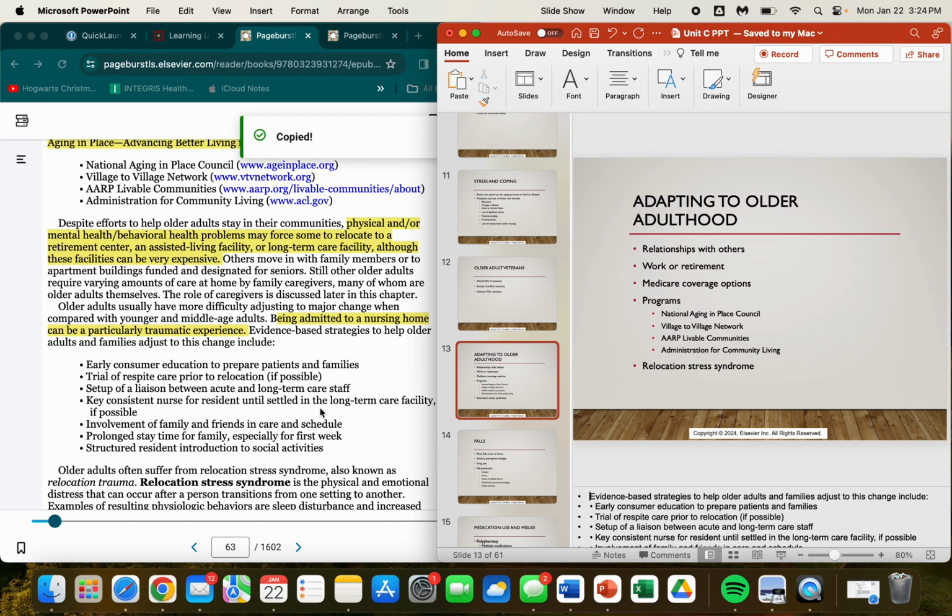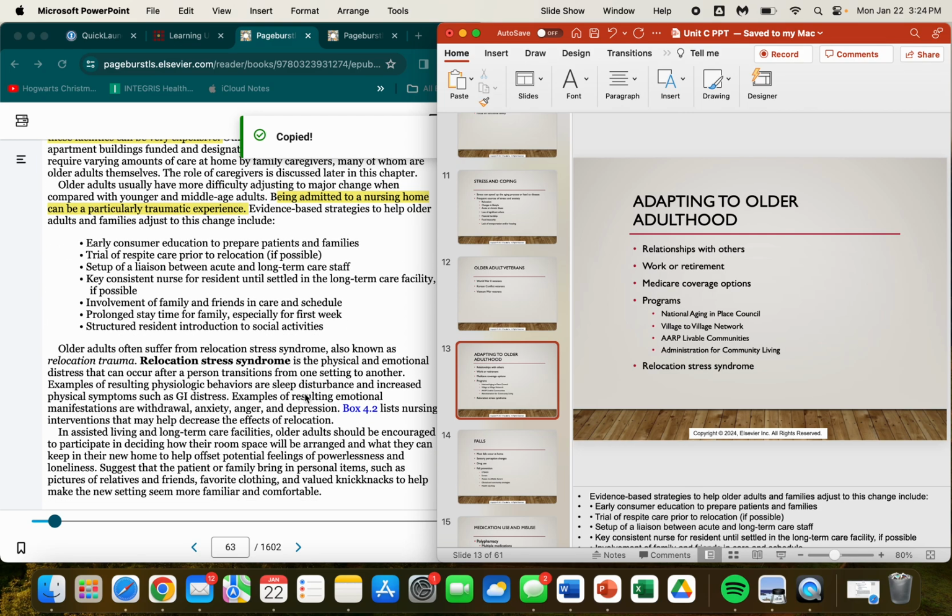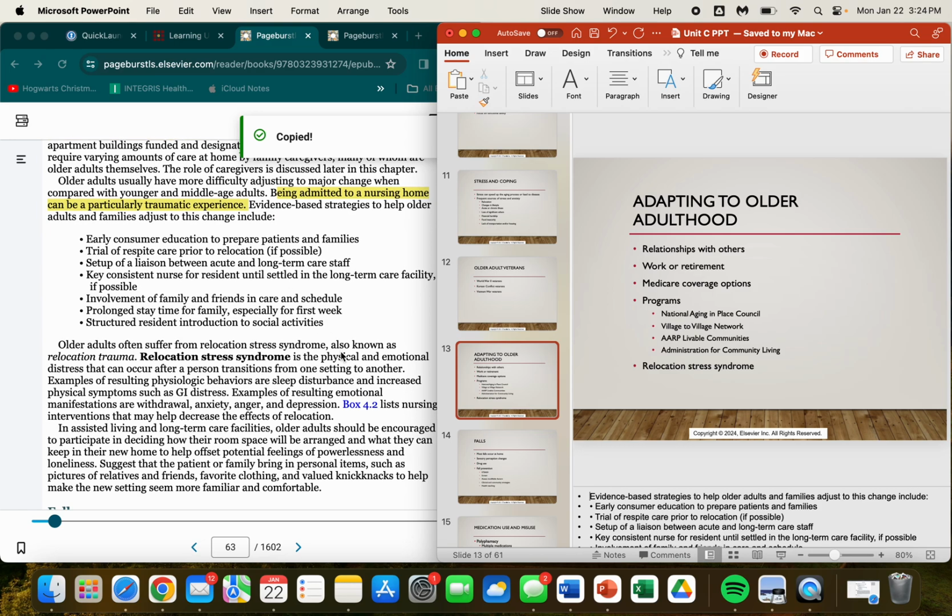If you think about being independent your whole life, and then all of a sudden your home and your independence are taken away because you can't physically or mentally function anymore, that's a pretty large stressor. So nurse-wise, we need to look at evidence-based strategies to help those older adults and their families adapt and adjust. And that includes this list of things here.